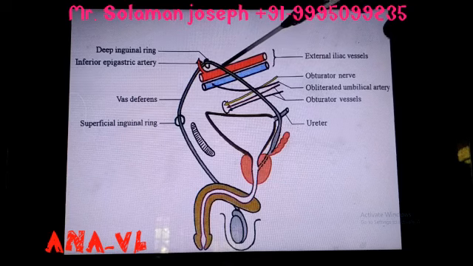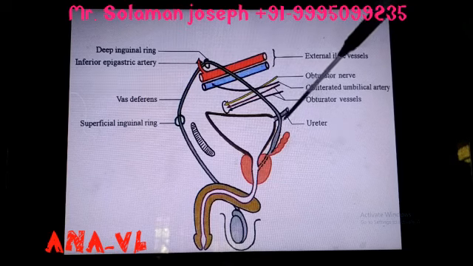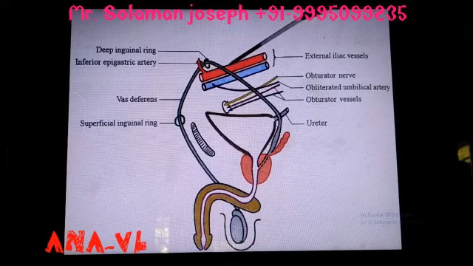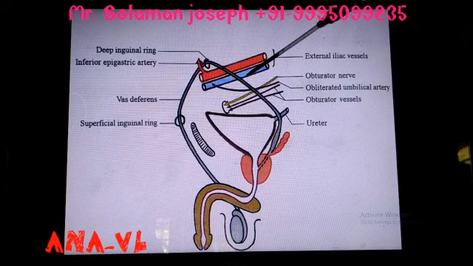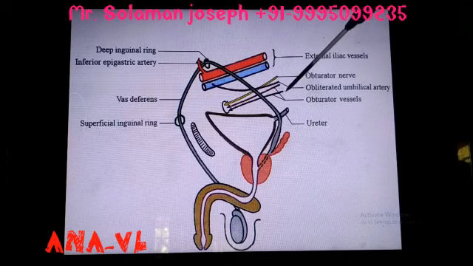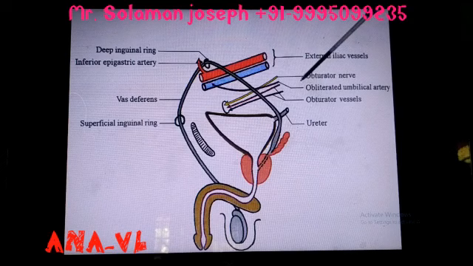Then it crosses the medial side of the external iliac vessels, the obliterated umbilical artery, and the obturator nerves and vessels. Here we can see the obliterated umbilical artery and the obturator nerves and vessels.